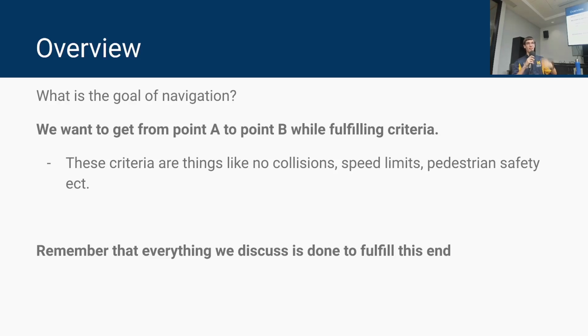But with an autonomous lawnmower, I don't want to just go from A to B. I want to follow a snake path through a yard while avoiding hitting things. These are the kind of problems that mobile robotics is designed to solve. Fundamentally, this is the problem that everything here is trying to go towards.